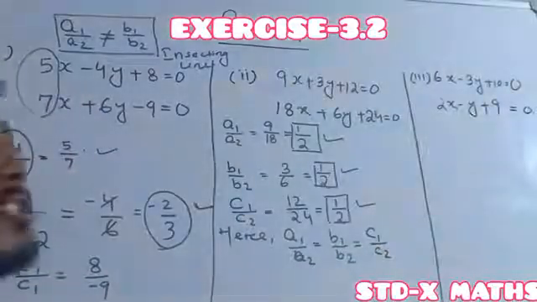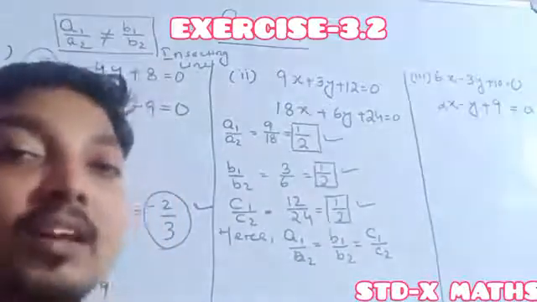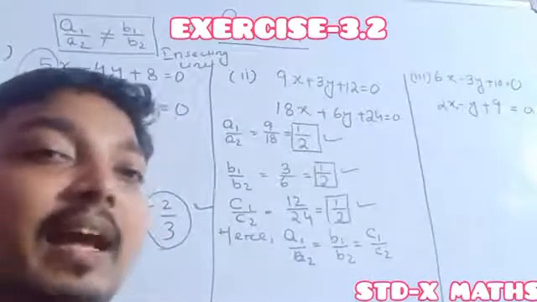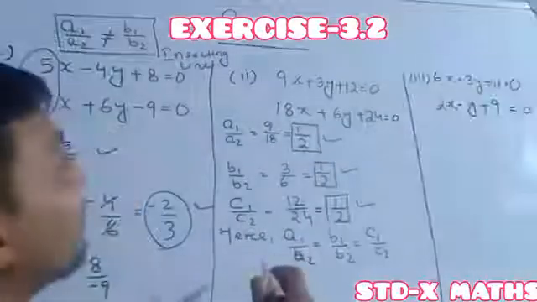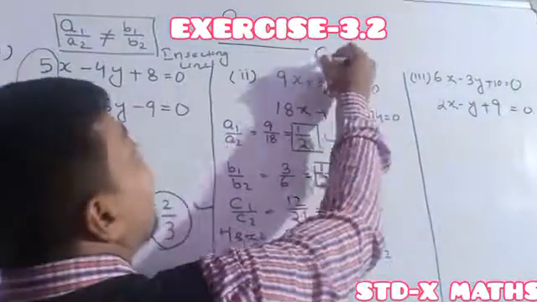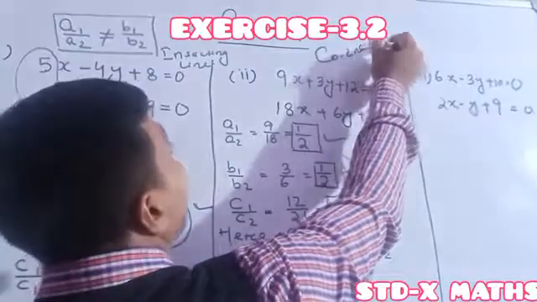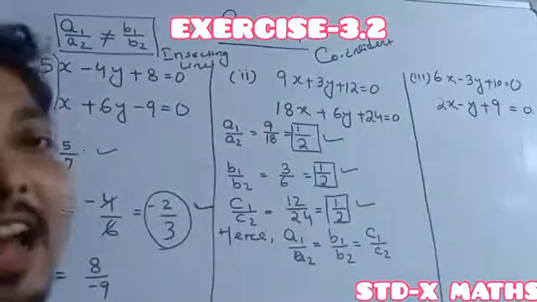Whenever the ratios of the coefficients of x, y and the constant terms are equal, in that situation the graphical representation will be coincident. Why is it coincident? Because all the ratios are equal.